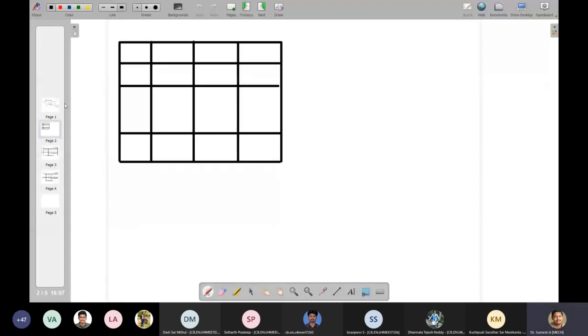So we'll have something like this: on one side I am marking the resources, R1, R2, likewise up to Rn. In the same way you will have activity or job, which I'll mark as A1, A2 up to An.